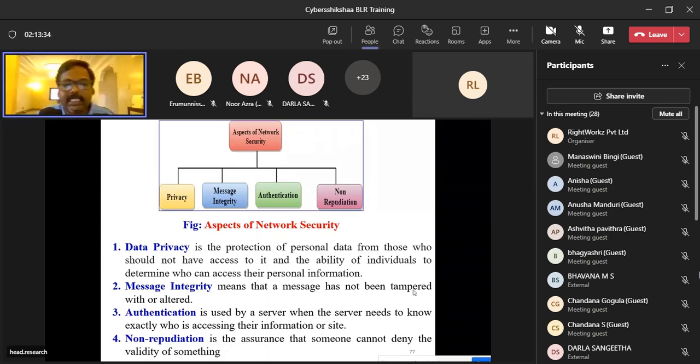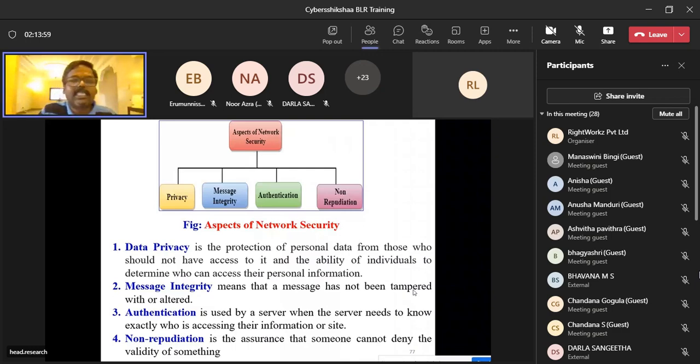Message integrity means that a message has not been tampered with or altered. Authentication is used by a server when the server needs to know exactly who is accessing their information or site. Non-repudiation is the assurance that someone cannot deny the validity of something.